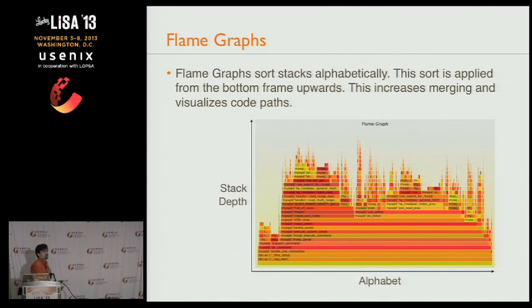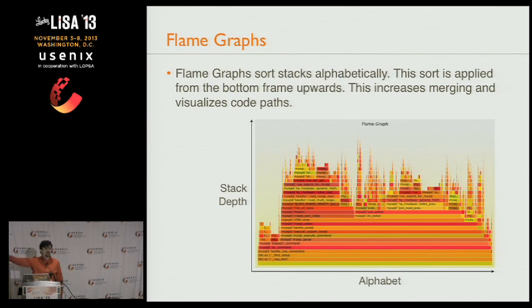And on the x-axis, I sorted by alphabet. The sort is applied to the frames from the bottom of the stack upwards. What this does is it optimizes merging so that frames are more likely to be placed next to each other where they can get merged. We have more horizontal space so that we can decorate it with labels that you can read.